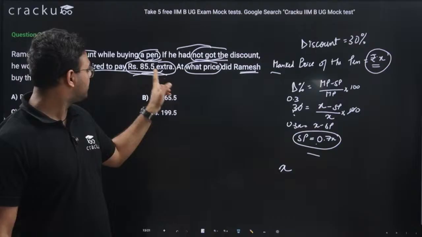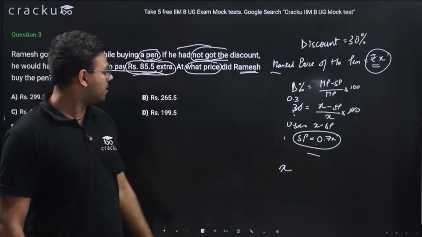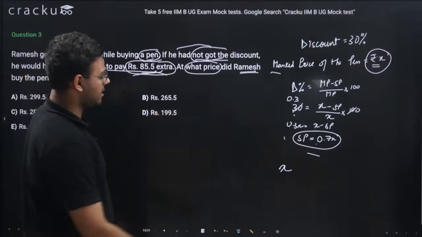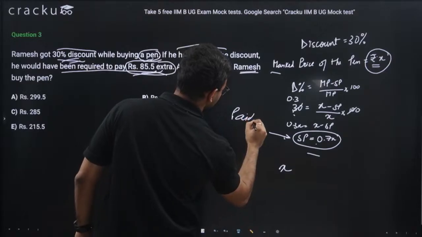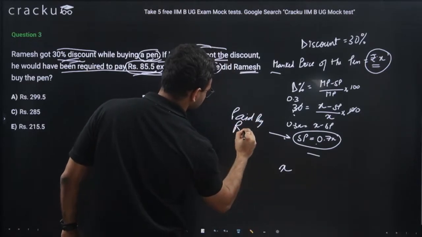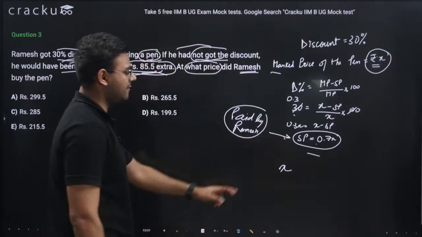What is this extra? It is basically the addition to this amount, because this is the amount paid by Ramesh after getting 30% discount.